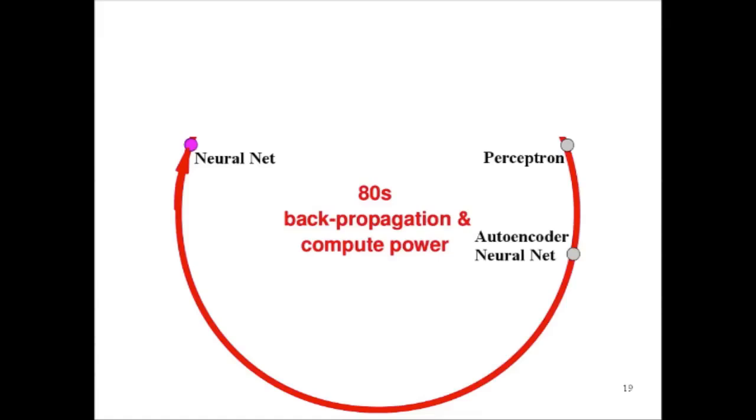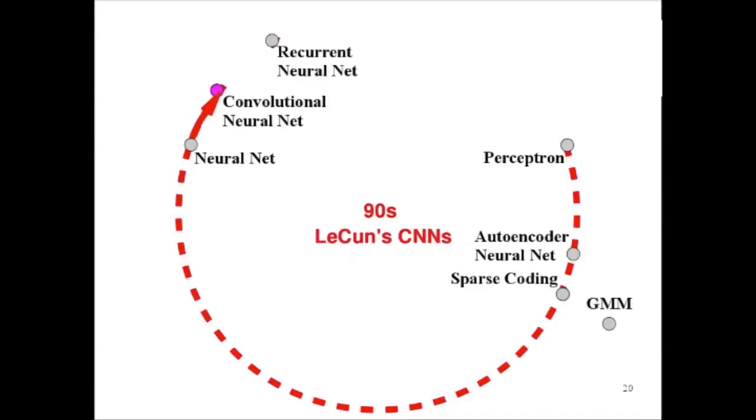There was a lot of excitement about this. In the late 80s, 90s, this was applied also to computer vision application, in particular to OCR with the convolutional neural network pioneered by Yann LeCun. But then around the mid-90s, late 90s, the field died again for a second time.